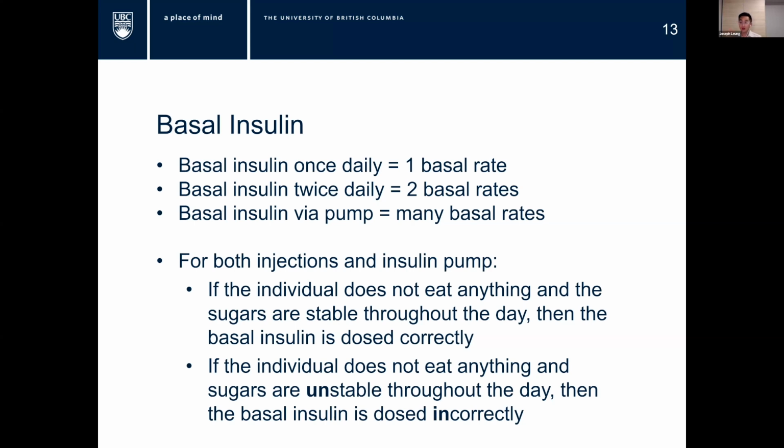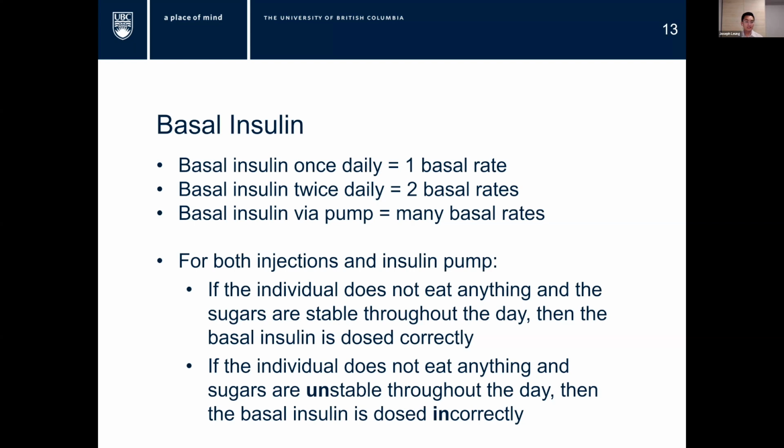But just as a thought experiment, if you were to give, for example, Levemir 15 units in the morning and 9 units in the evening, you might achieve two different basal rates. In the daytime period, after that 15 units was given, you might have a higher basal rate, and then overnight you will have a lower basal rate as well.